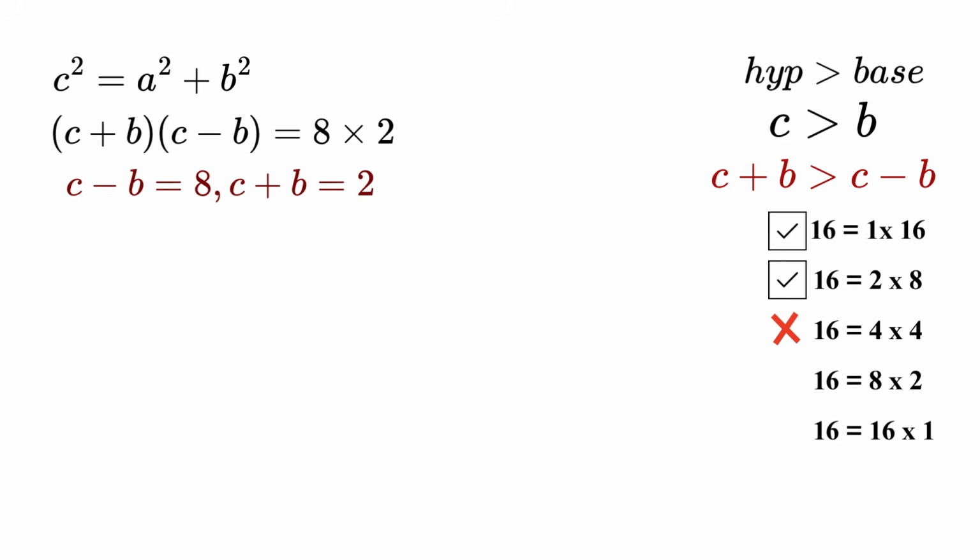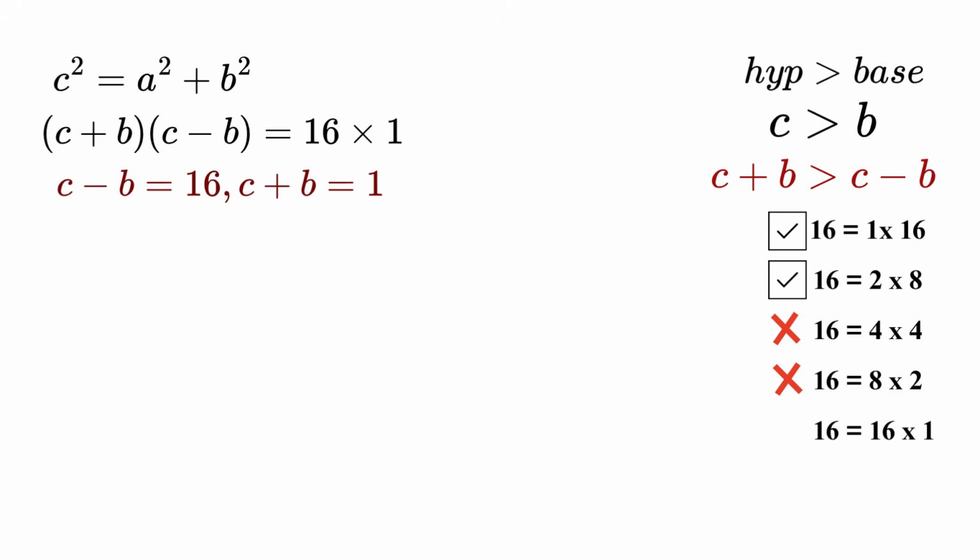But wait, 2 is less than 8, and that violates our condition completely, so we reject this one too. And finally, 16 times 1. Here, c minus b would be 16, and c plus b would be 1. Again, 1 is less than 16, so this doesn't work either. So, we have two valid pairs for this solution.